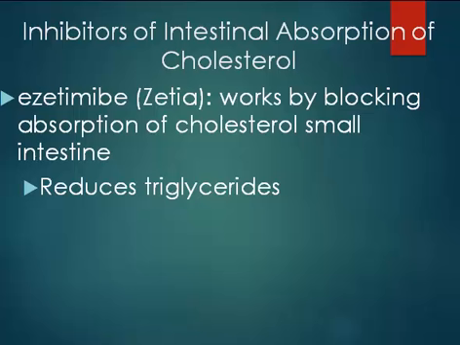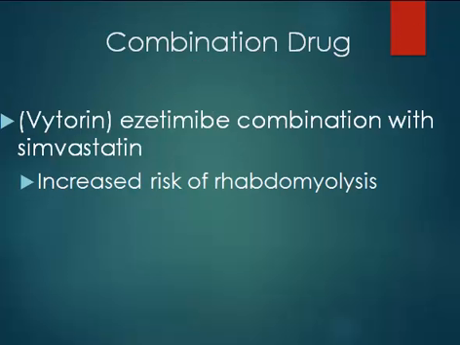So now these two drugs, the statins and Zetia, work in two different ways. One of them blocks an enzyme, one of them blocks absorption. So they took these two drugs and combined them into a drug called Vytorin. Vytorin is basically the combination of Zetia and a statin.